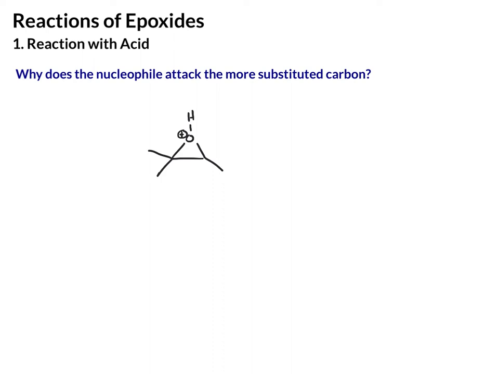In looking at these 2 carbons, the one on the left actually has more partial positive character. And because of that, nucleophiles are attracted to positive charges, so more partial positive means more attraction to the nucleophile.